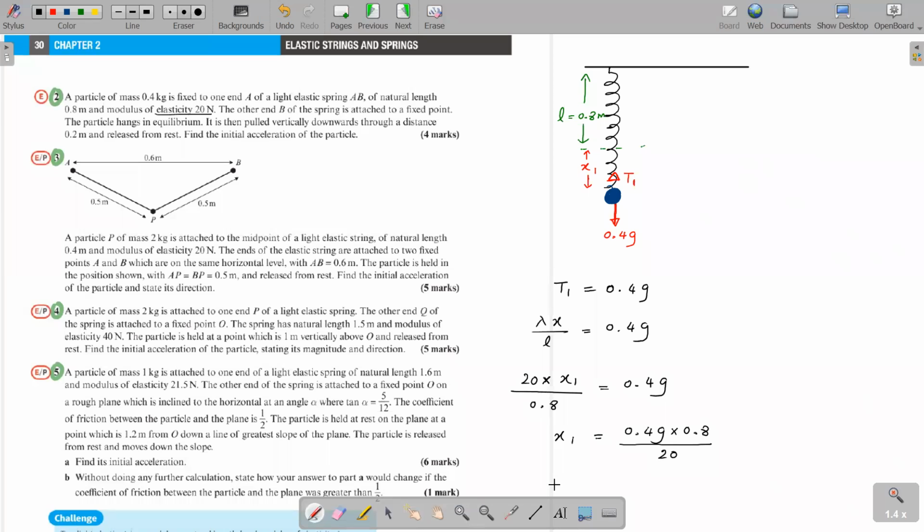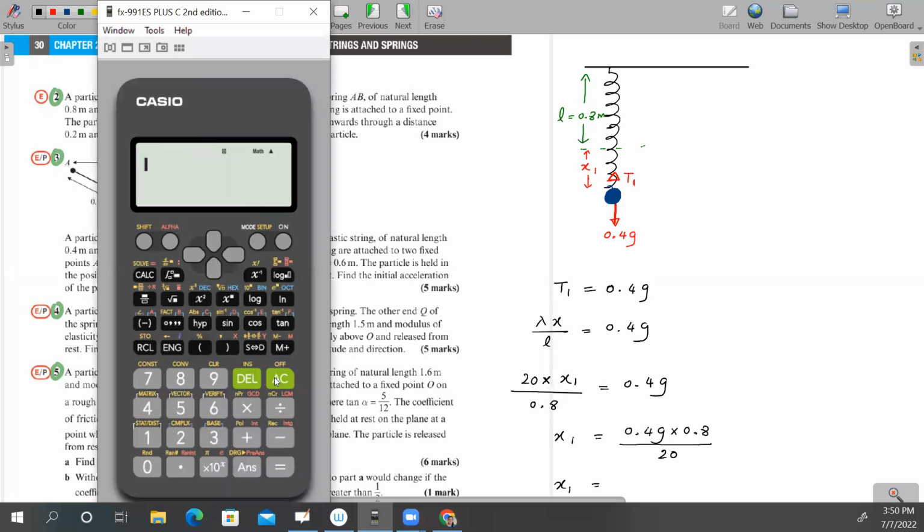Can I know how much this is? So let's see whether to get the answer in terms of g. It's better that you do, because when you use g as 9.8, you need to keep your answer to 2 or 3 significant figures, right? So we'll try to go with g until the end as much as possible. 0.4 times 0.8 over 20.